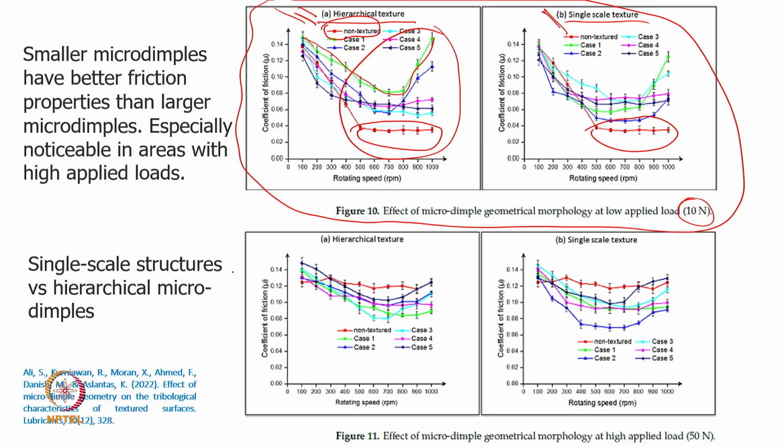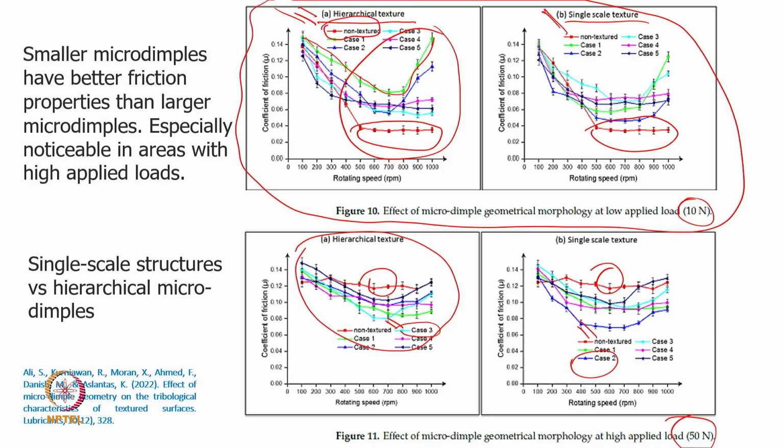Coming to the higher load, that is 50 Newton, you can see here nothing is going in a Stribeck curve, and this is basically a starved condition or boundary lubrication, still it has not gone in the downward direction. And here you can see the non-textured surface is showing the worst performance. Case 2 is showing the best performance in this case, while in this case, case 3 is showing the best performance, right.